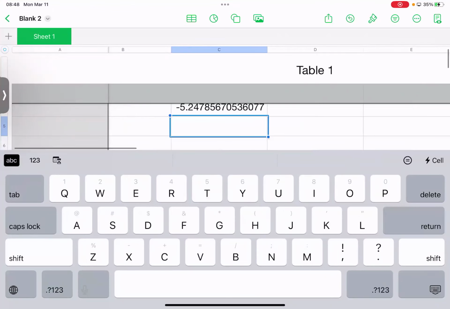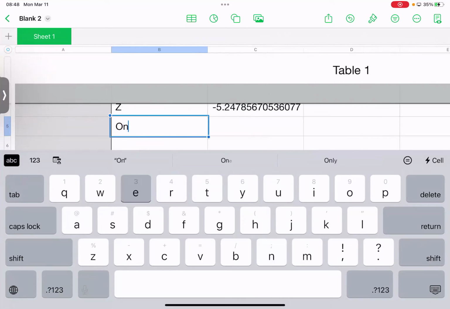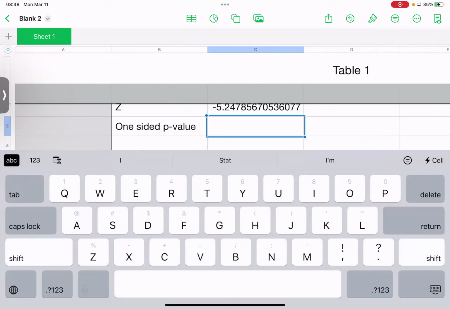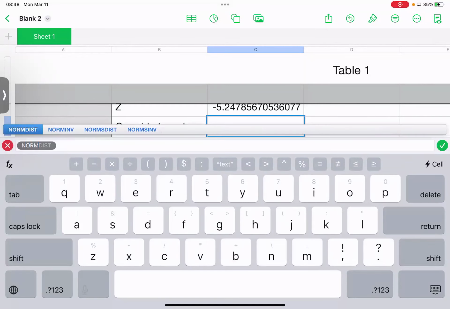So here, the one-sided p-value is going to be equals, to get us into the function. And let's see, norm S inverse, I think, is the same one as the norm.s.inverse in Excel.